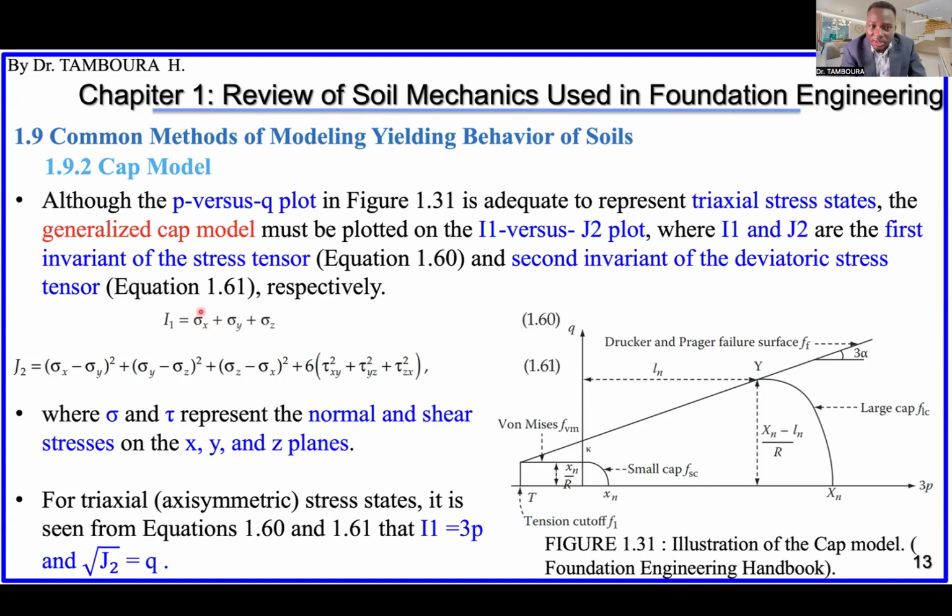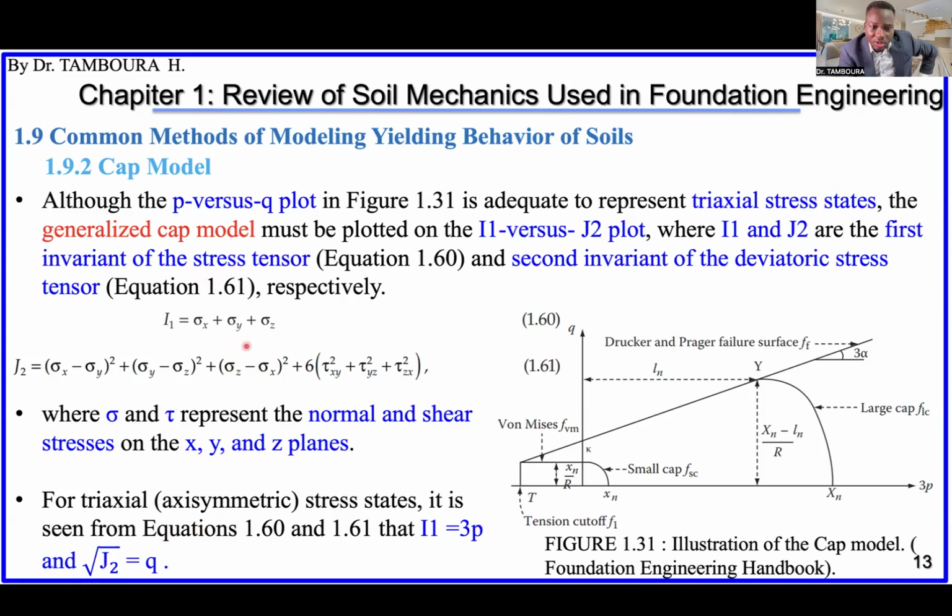So that means it's P plus P plus P because we are in this axisymmetric stress state. In that case, all of them will be the same. So it means 3 times P. As you can see here, we have 3P. So we can replace this by I1, the first invariant of the stress tensor.